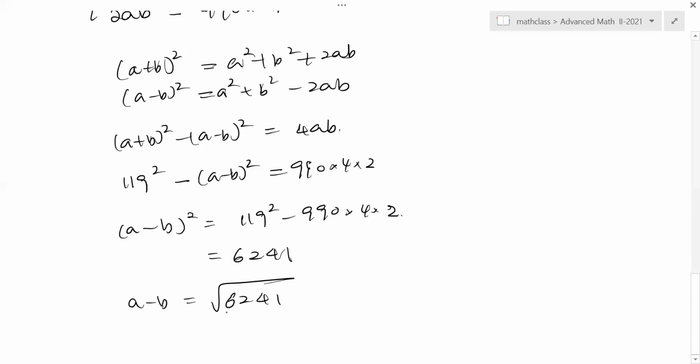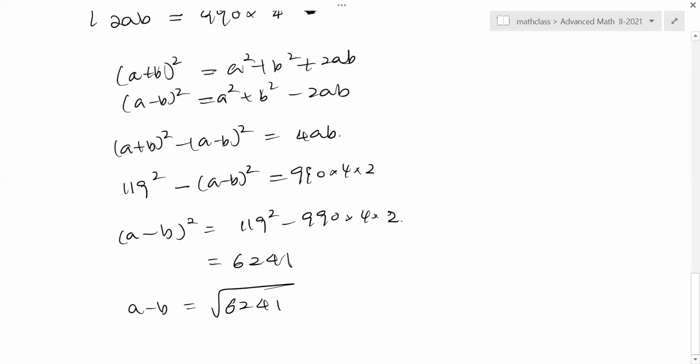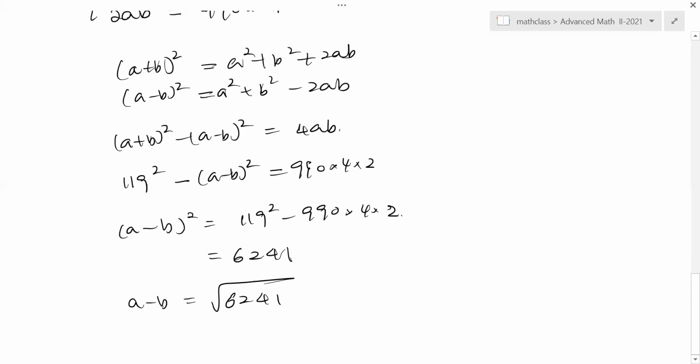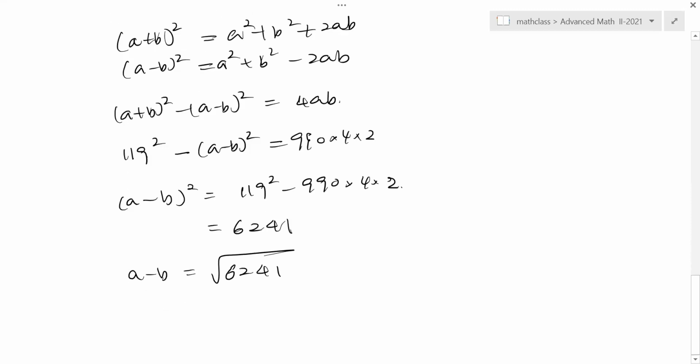Okay, now if you really want to make it a perfect square, 140 again. So now you simplify this, then you get A plus B and A minus B. You can quickly find A and B.